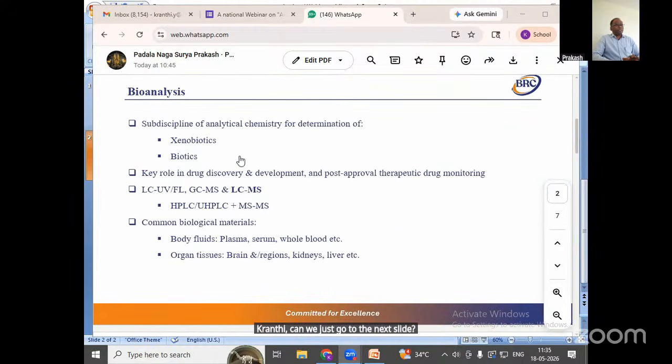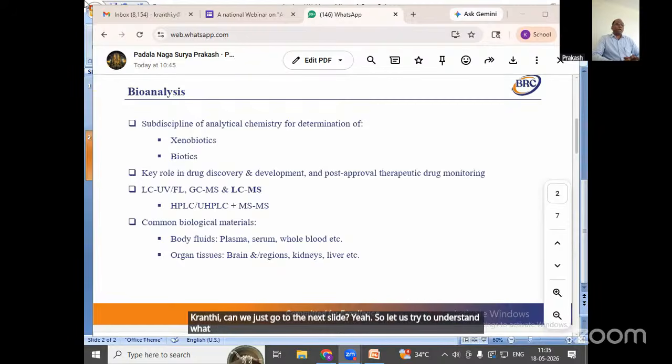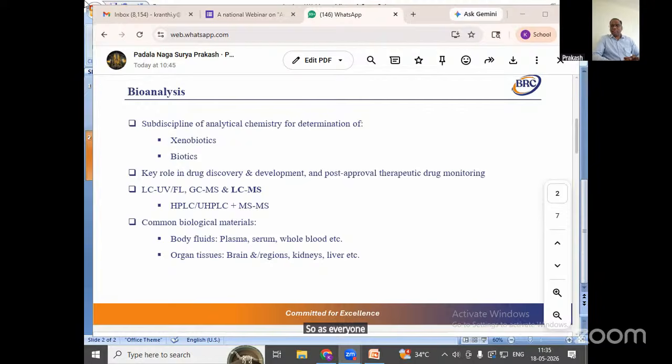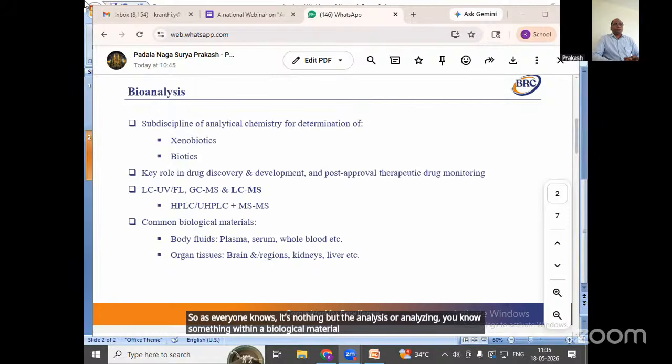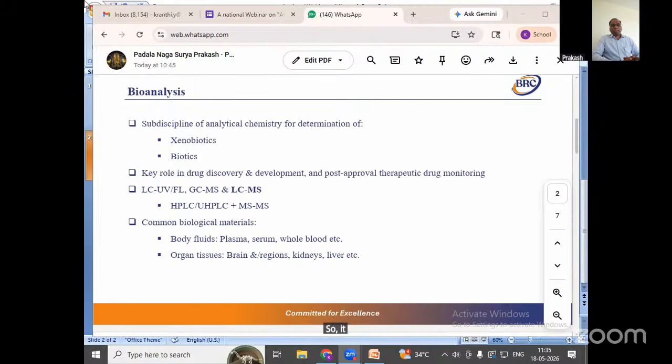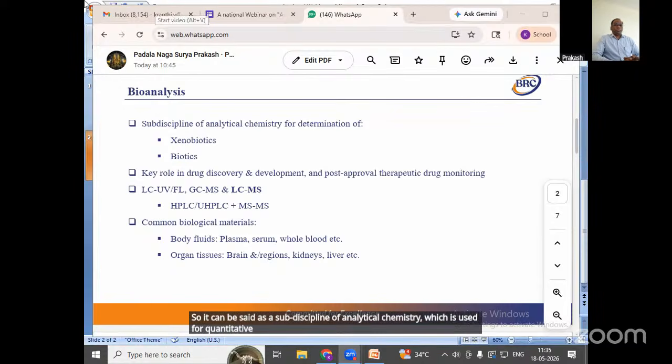Yeah. So let us try to understand what bioanalysis basically is. As everyone knows, it's the analysis of something within a biological material. It can be said to be a subdiscipline of analytical chemistry, used for quantitative measurement or determination of xenobiotics and biotics.